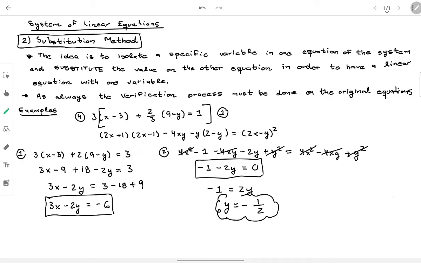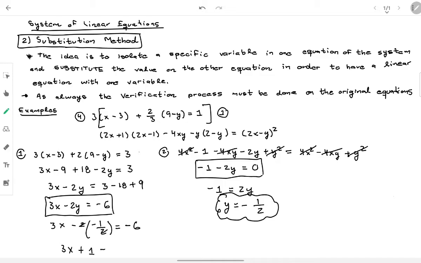We can substitute that value of y in our first equation that we have here. 3 that multiplies x minus 2 that multiplies minus 1/2 equals minus 6. So it's going to be 3x, minus multiplied by minus, it's plus. The 2 and the 2 get eliminated.